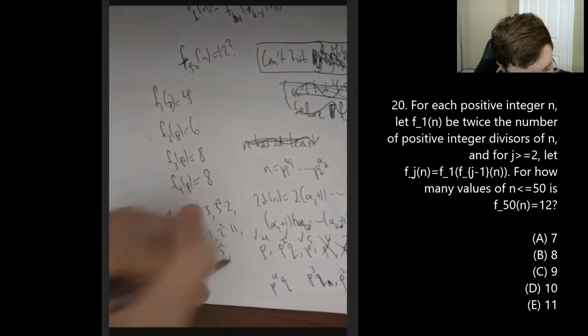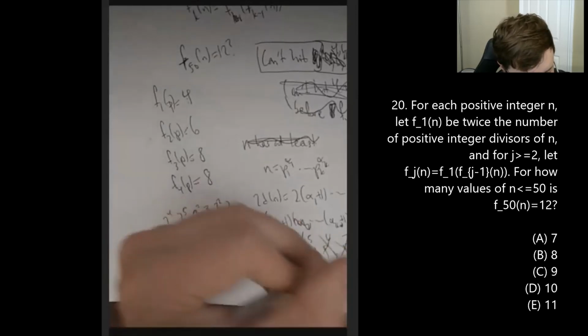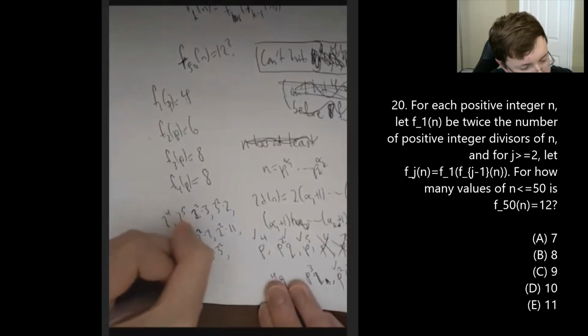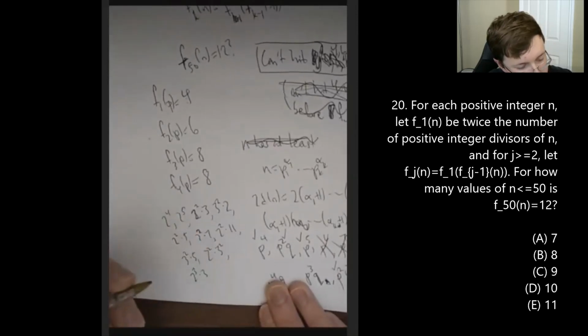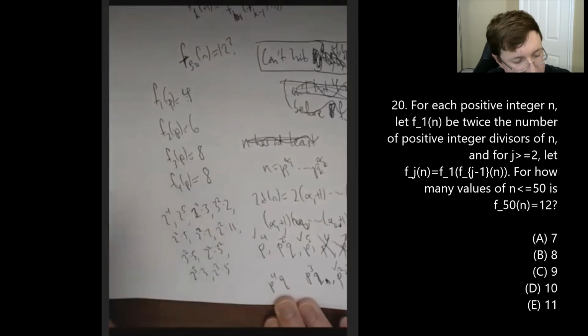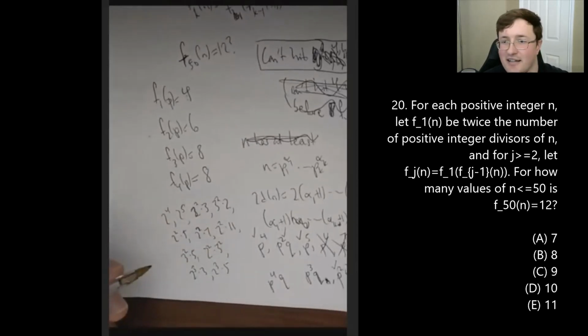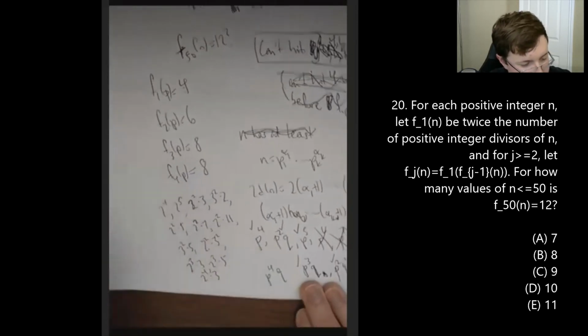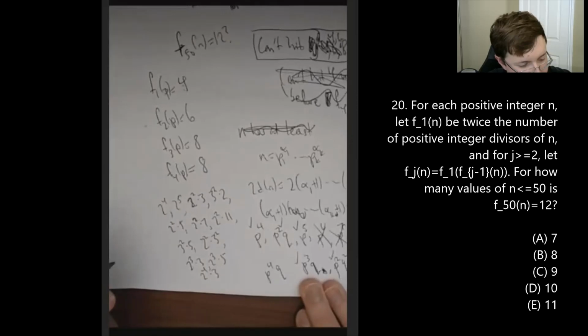And then a cube times a prime, so that's 2 cubed times 3, or, well, I could do 2 cubed times 5, but I think that's it, because otherwise I need 3 cubed or higher, and that won't work. And then p to the 4th times q is 2 to the 4th times 3, because I can't have anything else.